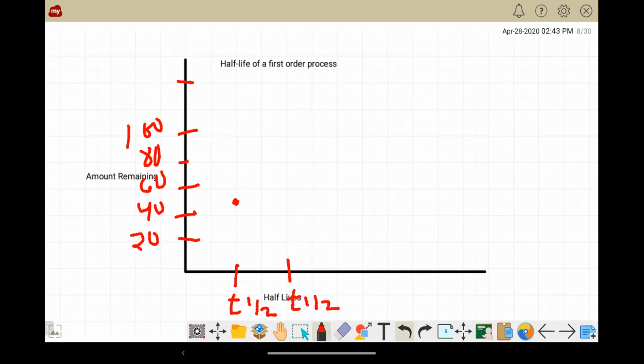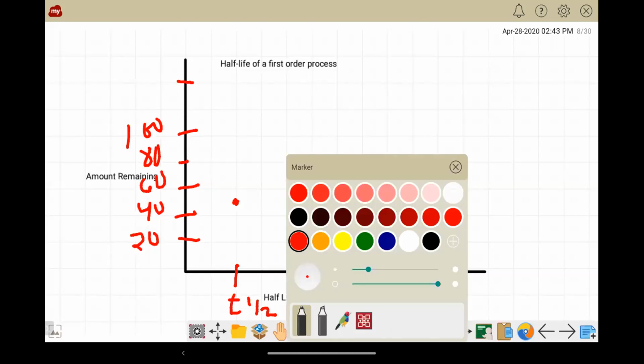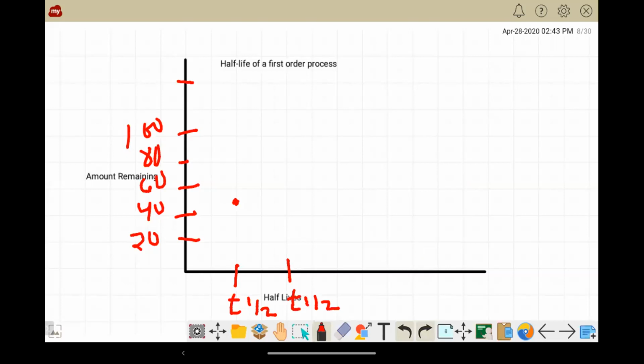The amount of time required to go from 100 to 50 is going to be the same as the amount of time required to go from 50 to 25, which will be the same as from 25 to 12 and a half. I'm sorry, I did math. And so on and so on.